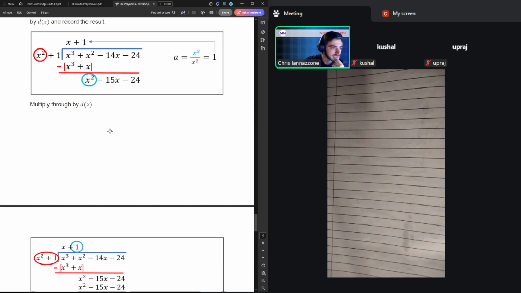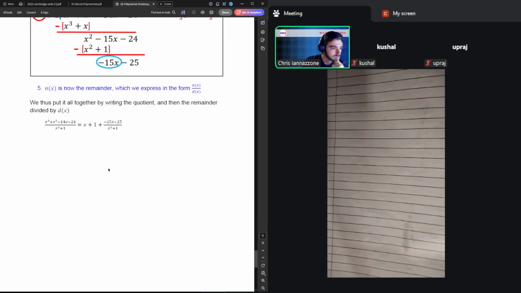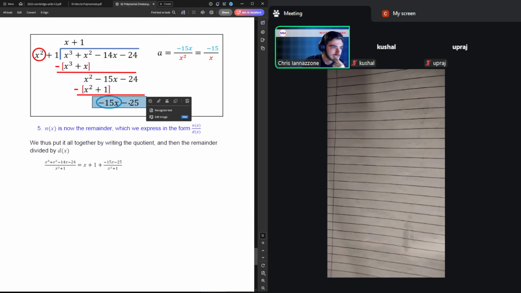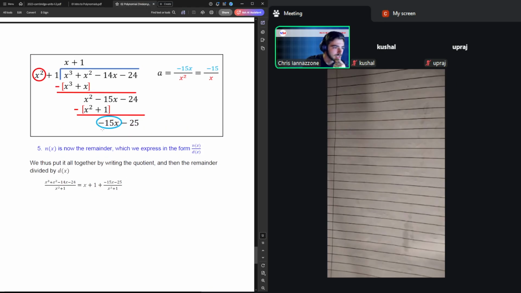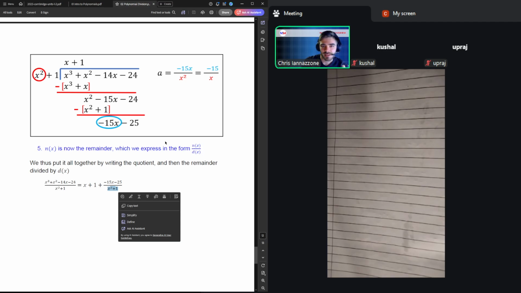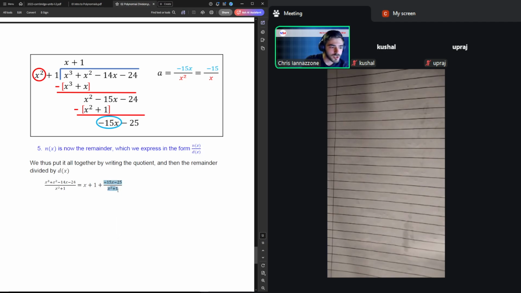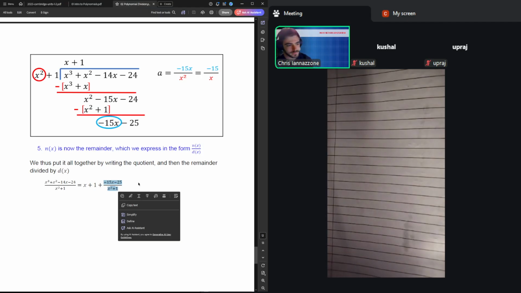In some other circumstances, you might get it to a stage where you do have some things left over by the end of it, in which case what you do is you still write out the part that is divisible, so the x plus 1 in this case, but whatever's left over, if that can't be further divided, which we'll look at why it can't, what you'll do is you'll write that bit, but have it divided by the denominator, basically indicating that this is the part of the polynomial that could not be divided.